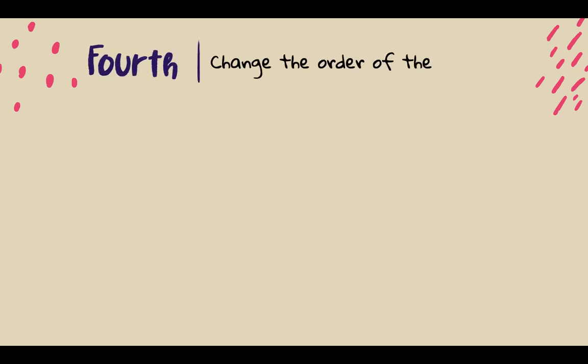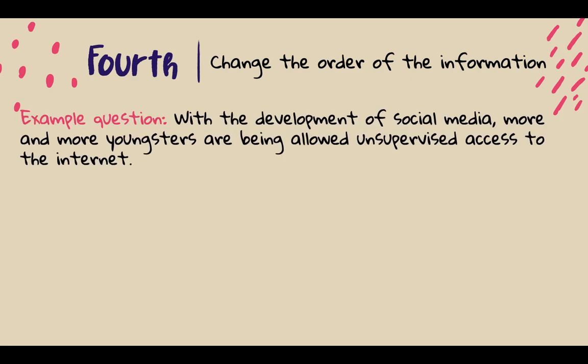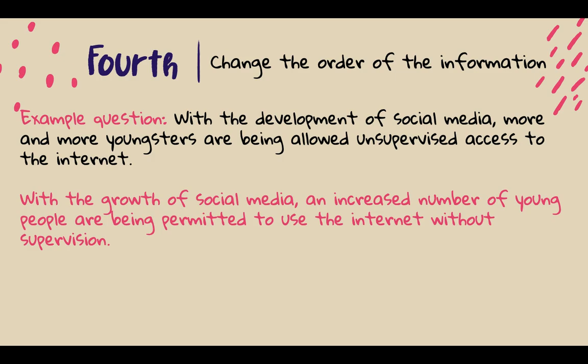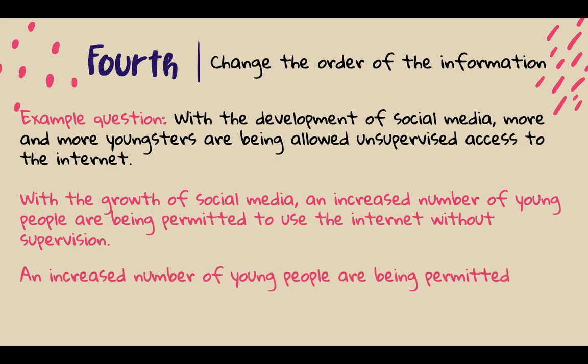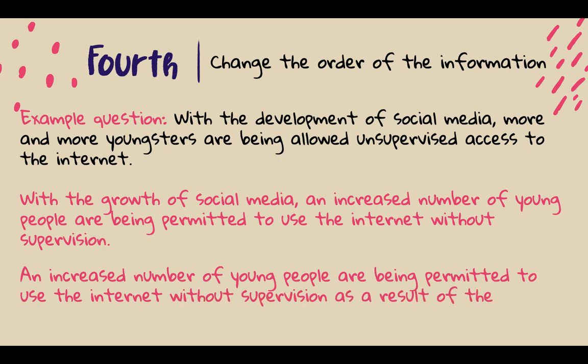So our last step is change the order of the information. So here's our paraphrased sentence so far. What happens if we change around the information? We could start by saying an increased number of young people are being permitted to use the internet without supervision as a result of the growth of social media.